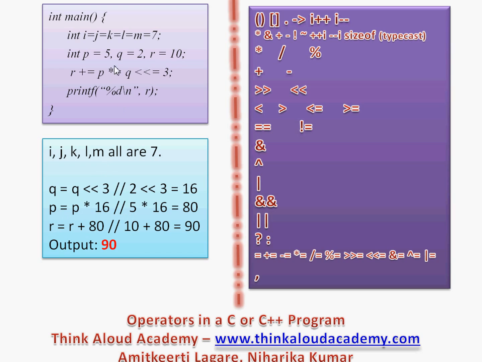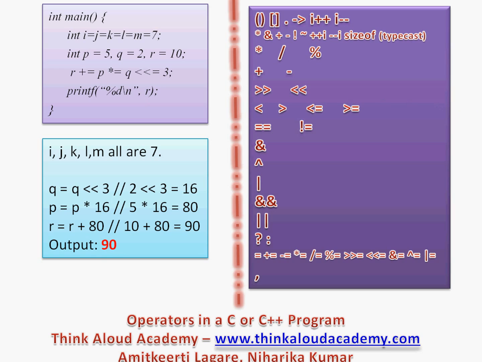P is 5 in this case, so it will be 5 star 16, which is equal to 80. And that 80 is an input parameter to this. So R will be equal to R plus 80. In this case, R is 10. So 10 plus 80 would evaluate to 90. So the answer for this would be 90 when we print the value of R.